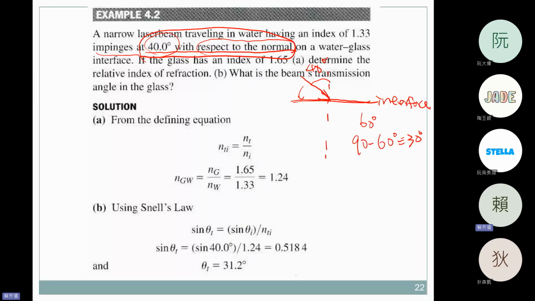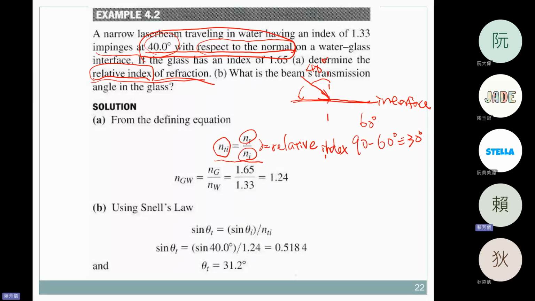And here shows another word for the relative index of refraction. What is the relative index of refraction? That means n_ti, which is Nt divided by Ni. Some books will have this kind of definition, but some books will not.